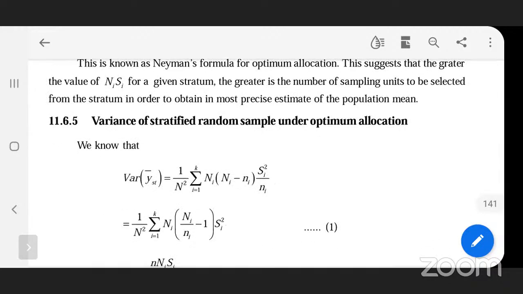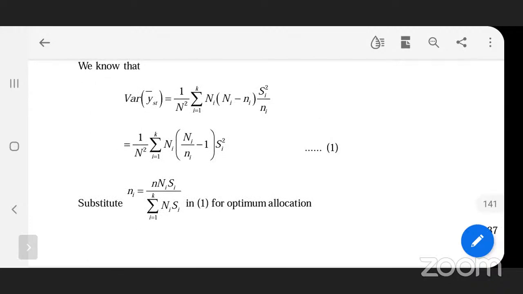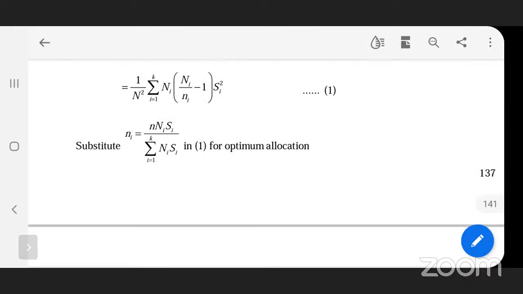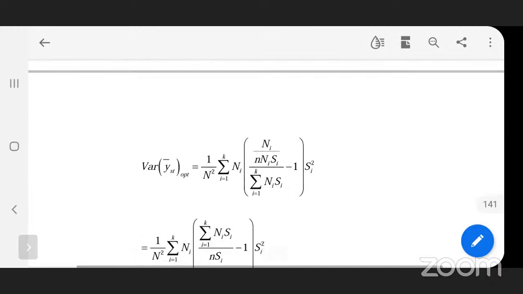Next, the variance of the stratified random sampling under the optimal allocation. We know that the variance of ȳst = 1/N² Σ Ni (Ni − ni) Si²/ni, so 1/N² Σ Ni (Ni/ni − 1) Si². We can get ni by using the optimal allocation, ni = n Ni Si / Σ Ni Si.